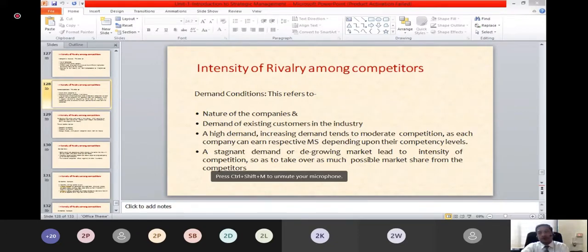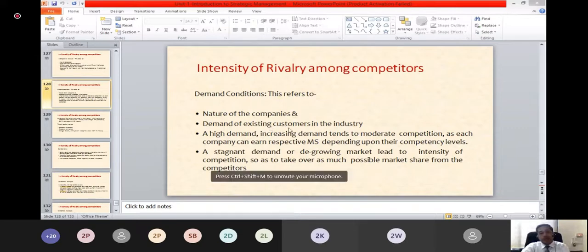This demand condition will be related to the nature of the companies, what type of companies are there in that industry, and the demand of existing customers in the industry. So it is the demand of the consumers in that particular industry for the kind of products which that industry is producing.